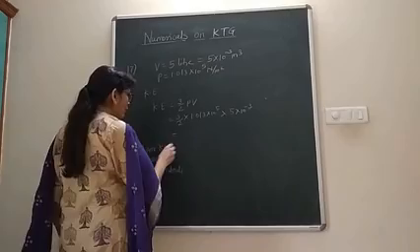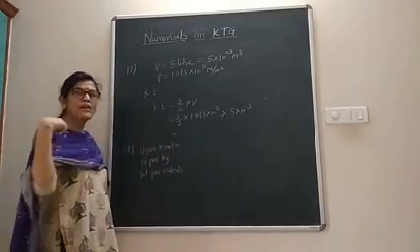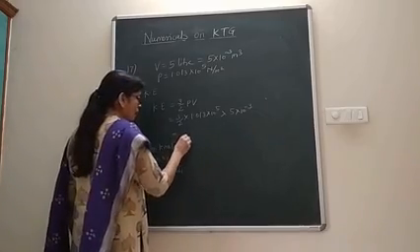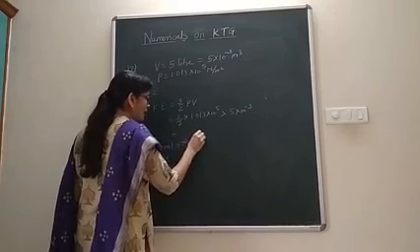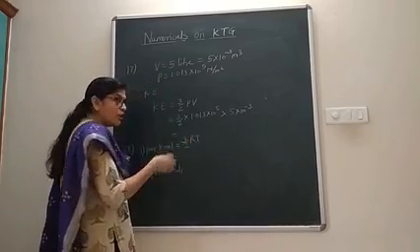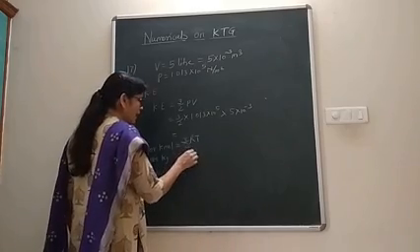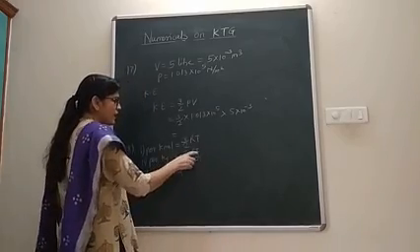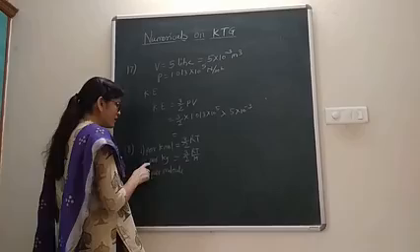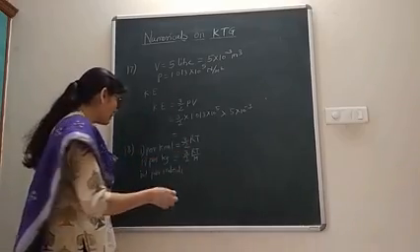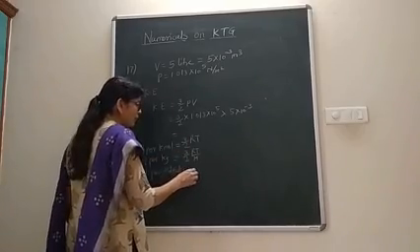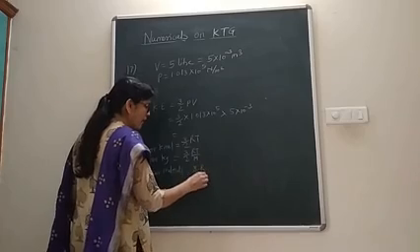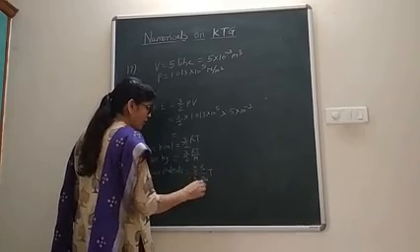So how to calculate per kilomole? Per kilomole or per mole, the equation we have to use is 3 by 2 RT. Per kilogram means divide this by M, so 3RT upon 2M. And per molecule means we have to divide by Avogadro's number.